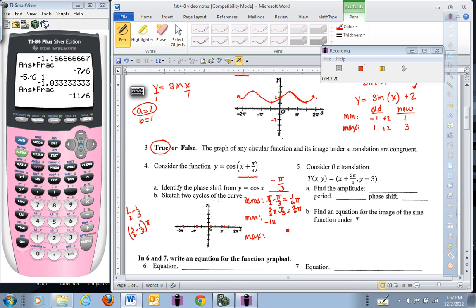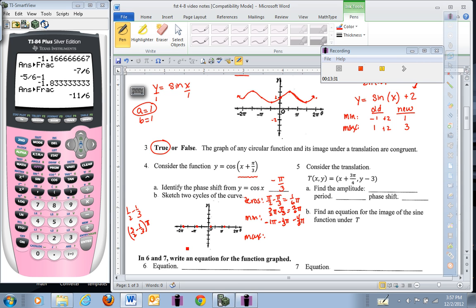Now we're going to go 1/3 of a pi to the left of that, so minus 1/3 pi would be at negative 4/3 pi. Let's see where that would be. It would be halfway in between here.